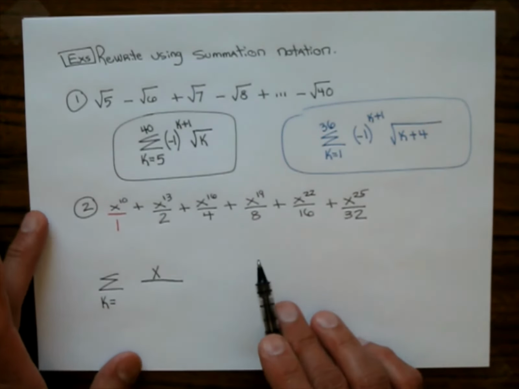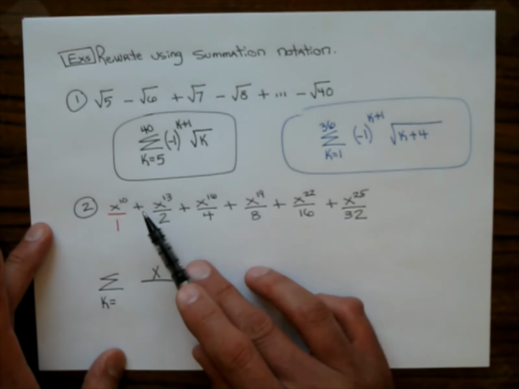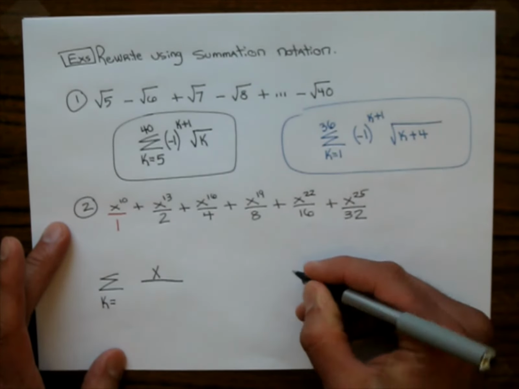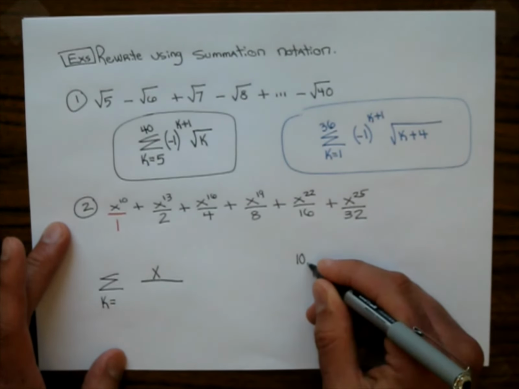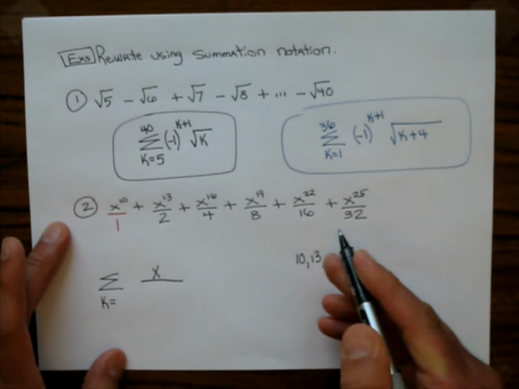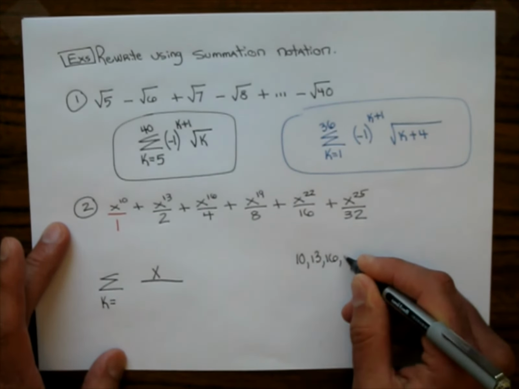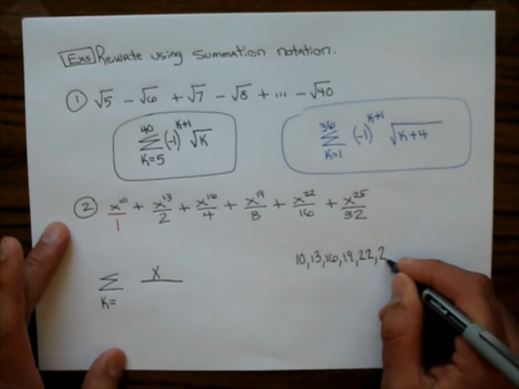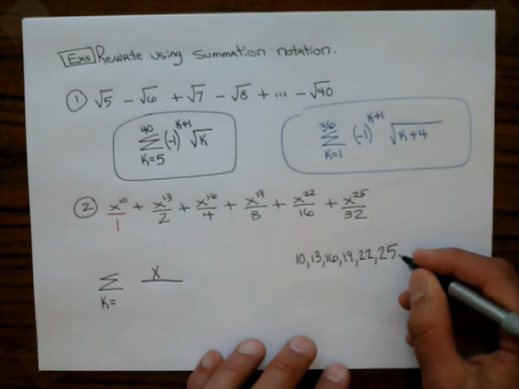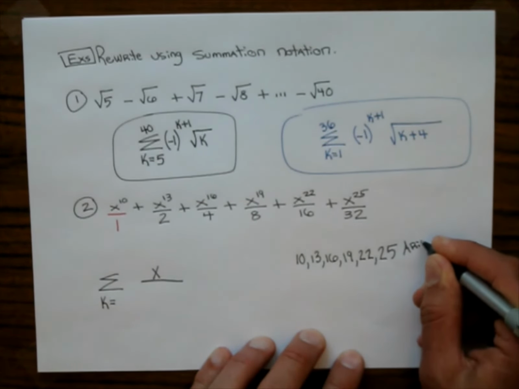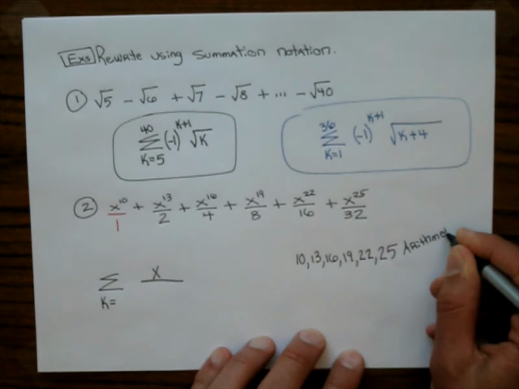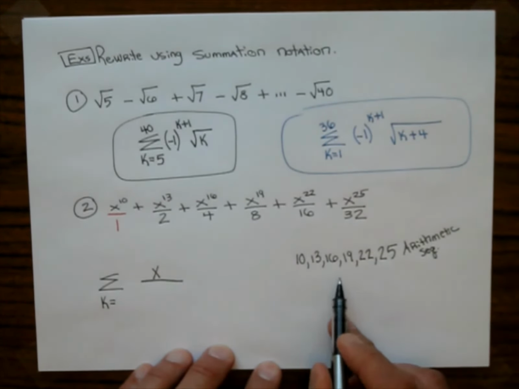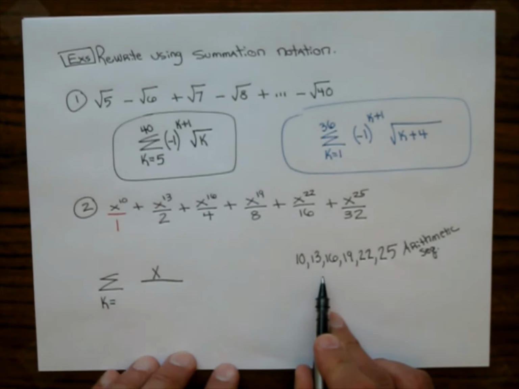Okay, well, on the top, what I have is a power, and it looks like I have a 10, and then the next one's a 13, and then the next one's a 16, and 19, and 22, and I'm writing it as a sequence here because I'm trying to get you to recognize this as arithmetic. This is an arithmetic sequence. And when you put pluses there instead of commas, it's an arithmetic series.